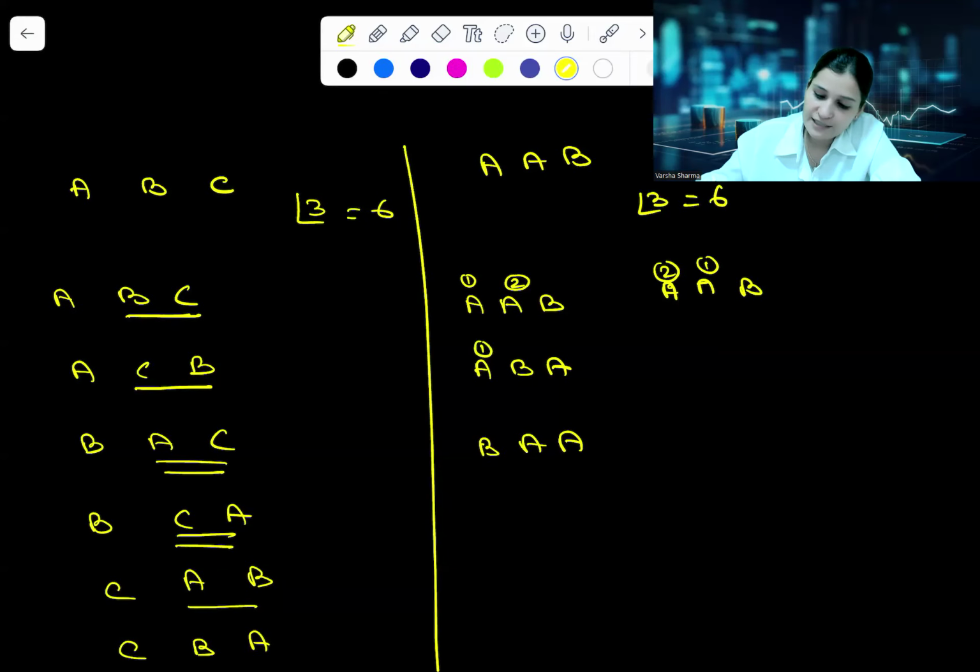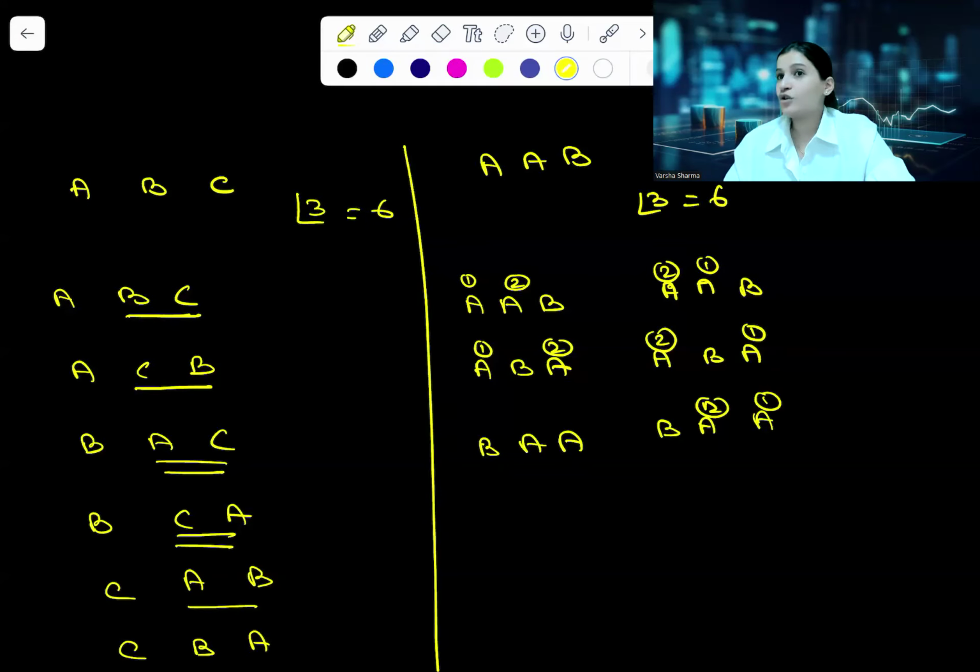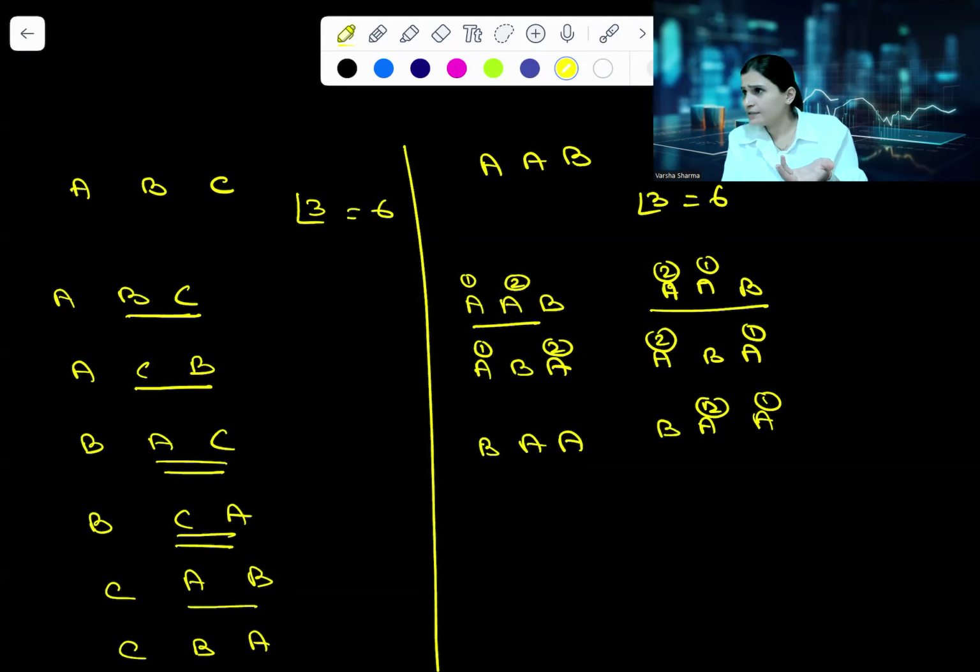Same here, the first A and the second A. If I interchange them, I don't get another word. Same goes here. It doesn't make sense. So out of these two possibilities, I've only counted once, because the other possibility that I wrote, where the two A's got exchanged, I'm not counting as another word.